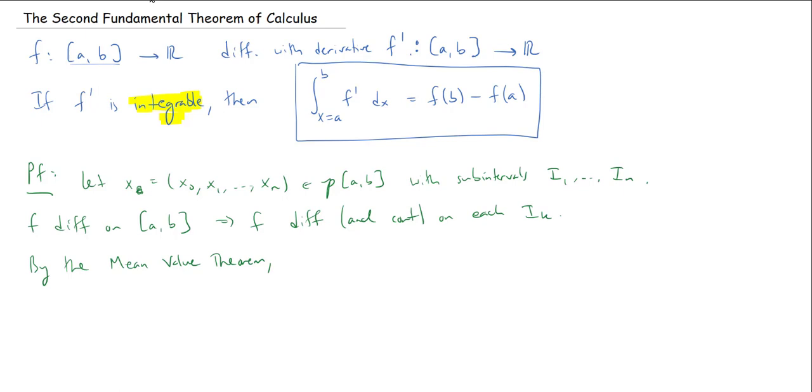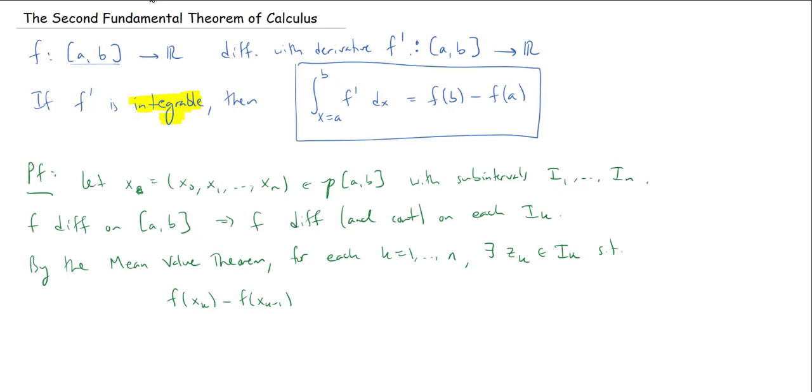So by the mean value theorem, for each k equals 1 to n, there exists some point, let's call it z_k in I_k, such that, and I'll write this in a little different way than normal, f(x_k) minus f(x_{k-1}). Normally I would divide here by x_k minus x_{k-1}.